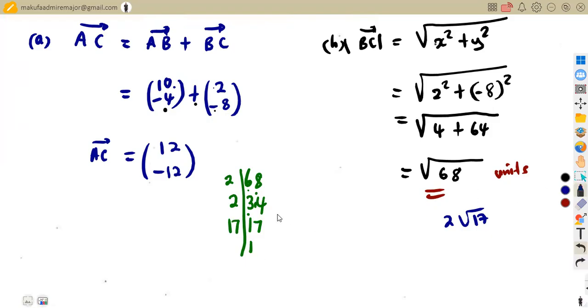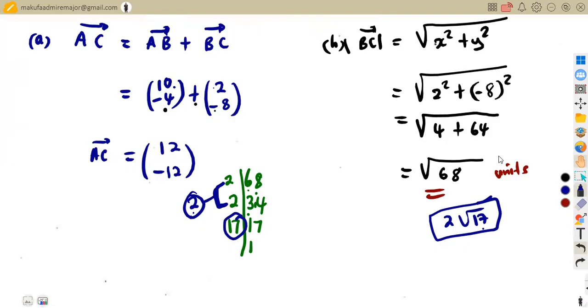So I say that wherever you see a pair of numbers, in this case, there's a 2 and a 2, you write this pair of 2 out of the square root. So this is the 2 that we see out of the square root. The number that does not have a pair, you write it inside the square root. So you're simply going to obtain 2 square root of 17 this way. So you don't write 2 times 2, no, it's a pair of 2, that is the idea.